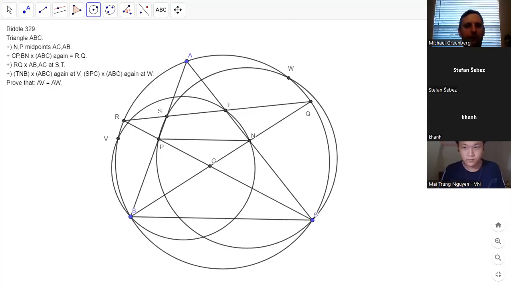Let's see. Yeah, how would we show that? I wonder if there's some point on this arc and we could show that the angle between that and V is the same as the angle between that and W, so we could show like an angle bisector.